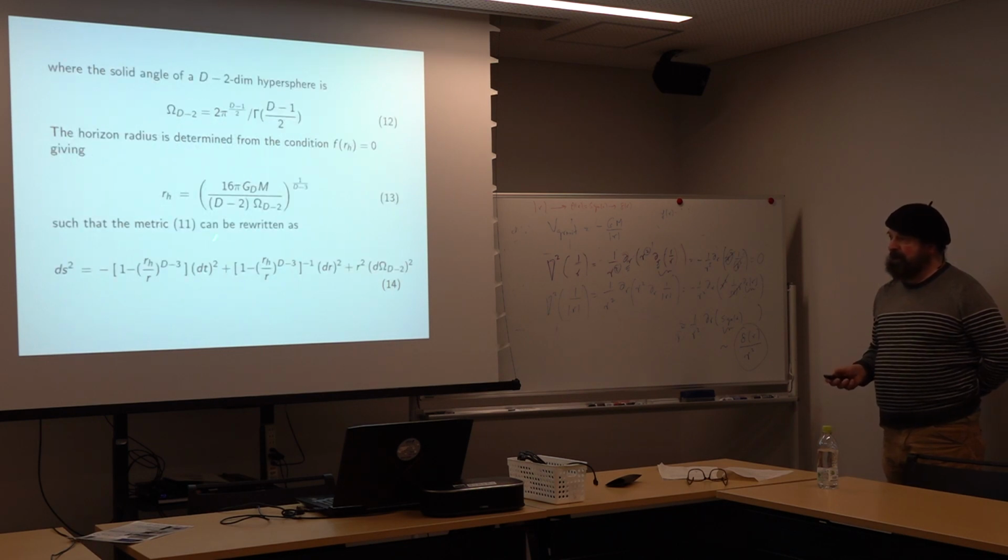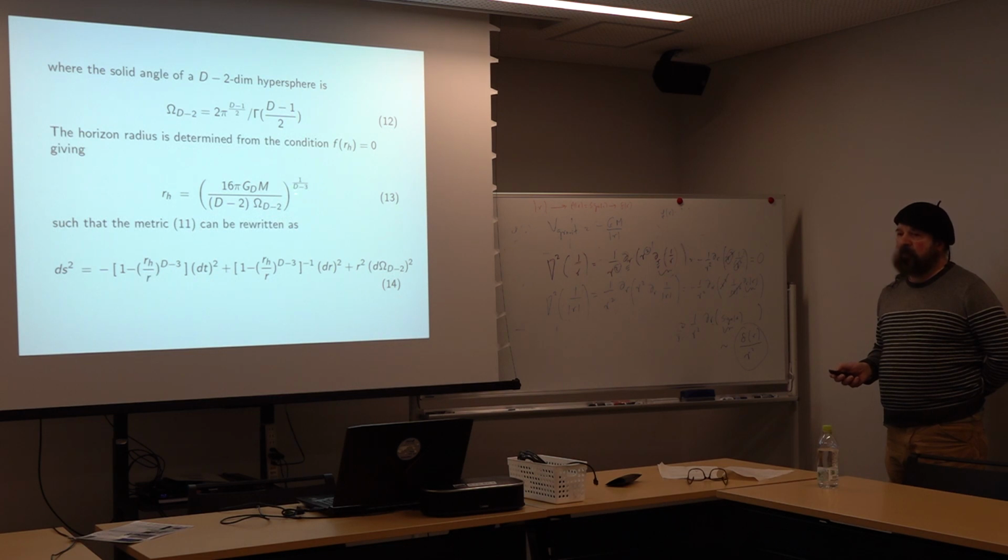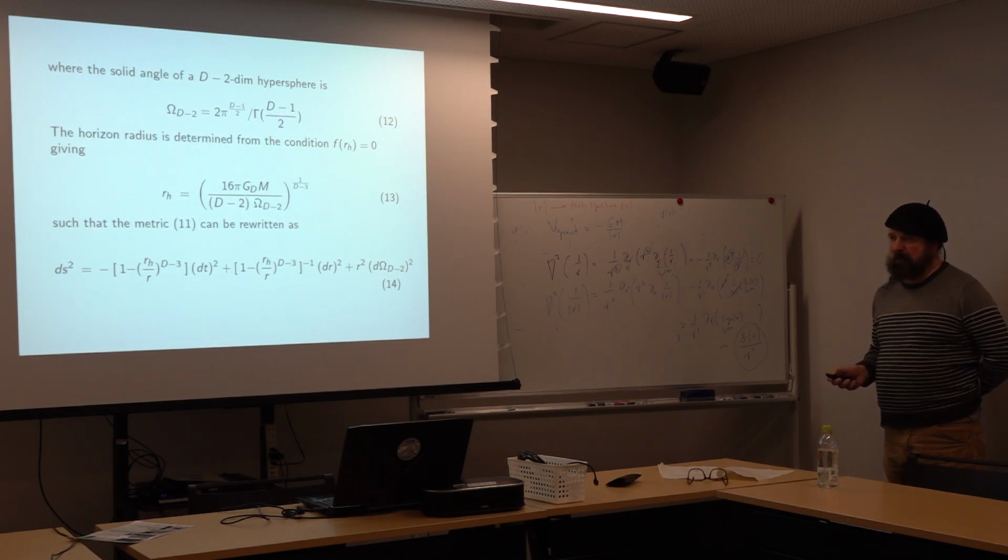So this is the expression for the horizon. Remember, when d equals 4, 4 minus 3 is equal to 1, and you get the ordinary horizon radius of 2GM. But in higher dimensions, you get a more complicated expression.